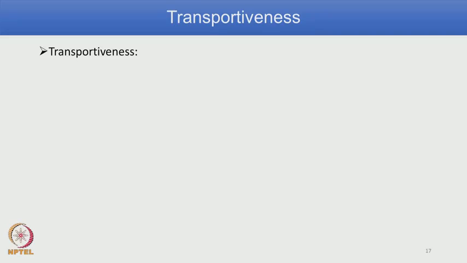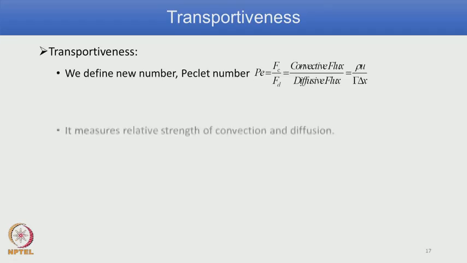So, we go on to the third property, what is known as transportiveness. For this we define a new number, what is known as the Peclet number, which is usually given by the letters Pe, and it is the ratio of convective flux to diffusive flux.